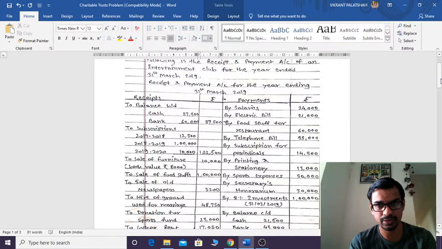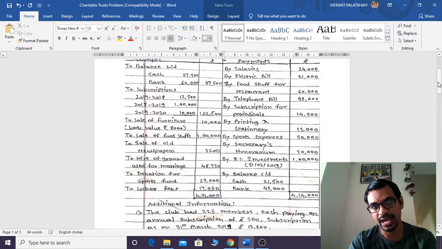First, what we have to add? Add subscription outstanding at the beginning of the year. Then add subscription received in advance at the beginning of the year. Then less subscription outstanding at the end of the year, and less subscription received in advance at the end of the year. So these two things you have to add and two things you have to less.